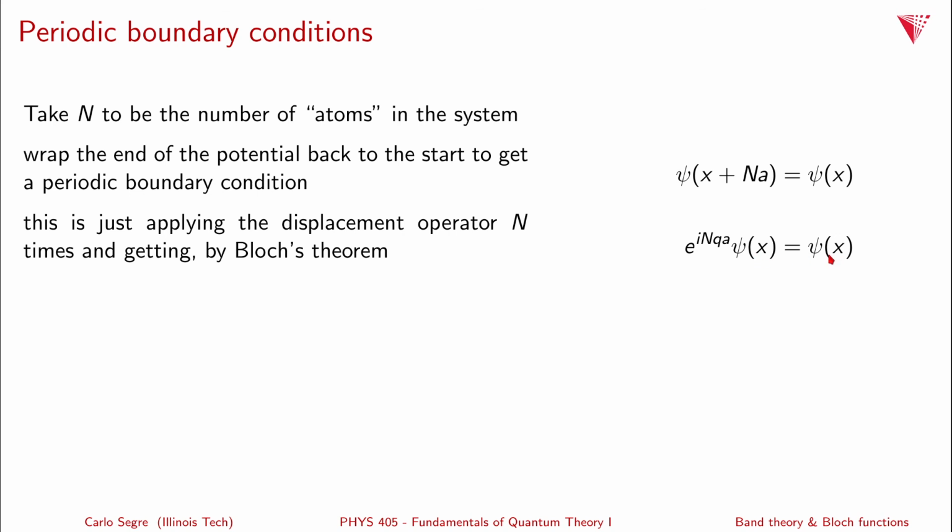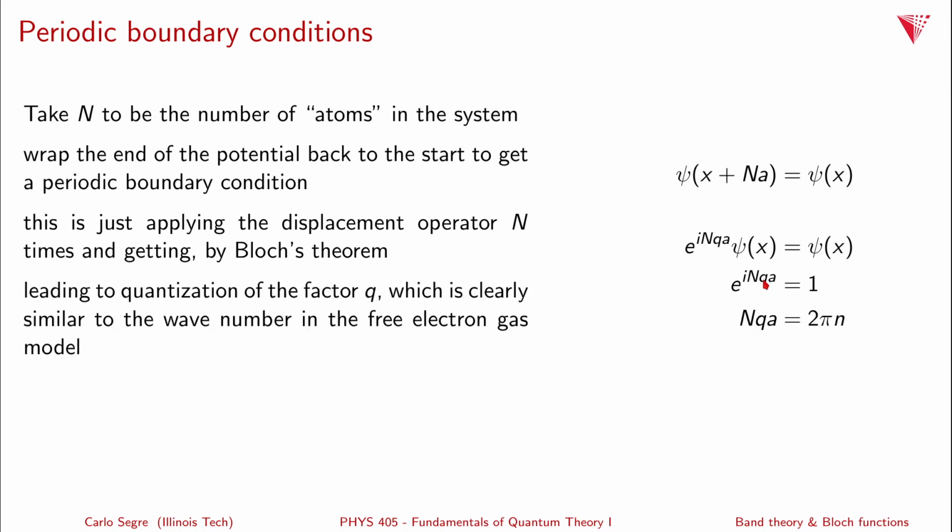Well, this puts a constraint on e to the i N q a. It says that e to the i N q a has to be equal to 1, which means that N times q times a has to be equal to 2 pi times an integer. This leads to quantization of the factor q, and actually it's equal to 2 pi times an integer n, right?